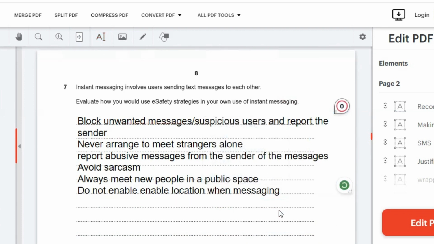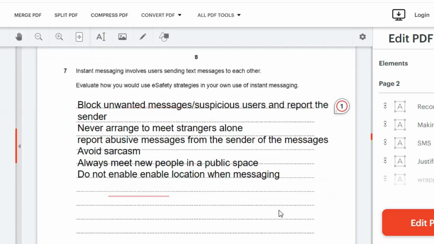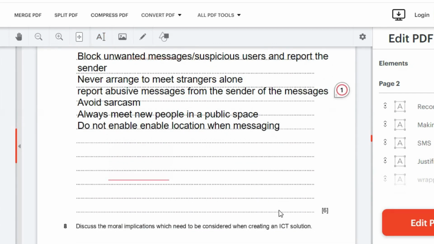All right. So others include avoid giving away personal data. Don't give away your personal data to someone you don't know. When sending messages, always use appropriate language. If someone messages you with private and personal information about themselves, respect their confidentiality or their privacy.